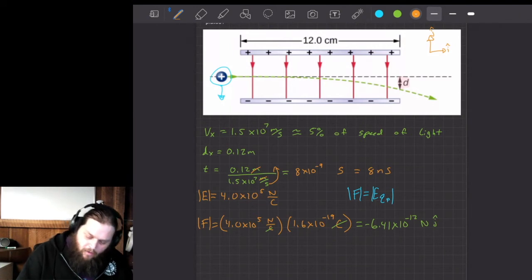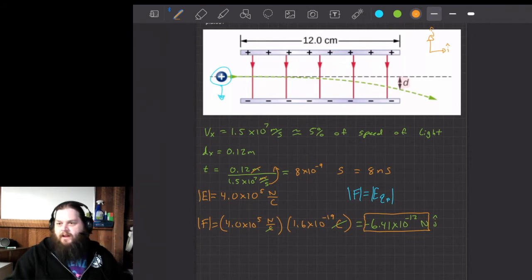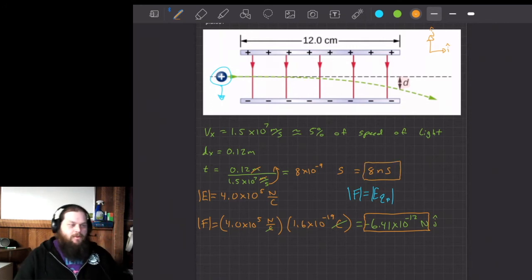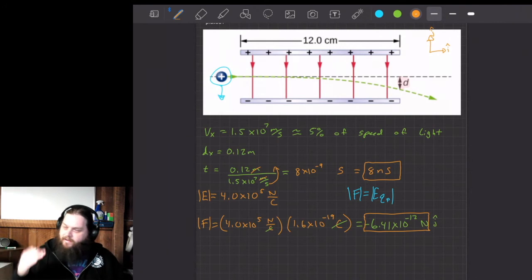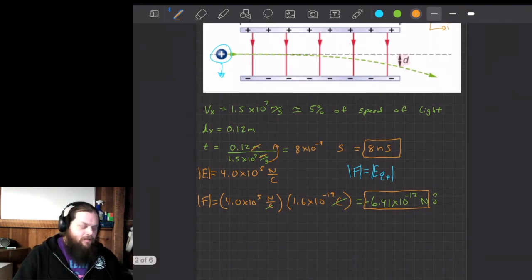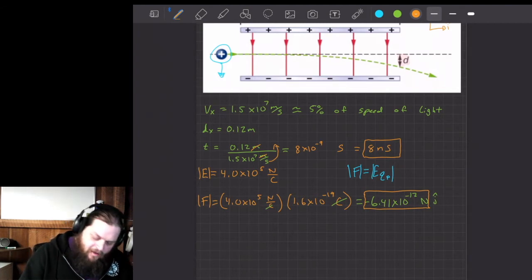So now we have a force. This is the force that's going to act on that particle as it goes down, and it's going to act on it for a time of 8 nanoseconds. The question then is, how far is it going to be deflected in those 8 nanoseconds when it's acting on that force? So we can go back to Newton's second law, where force is equal to mass times acceleration.